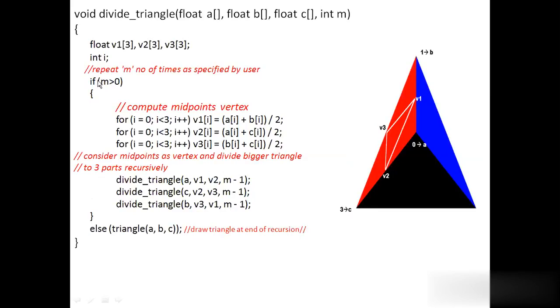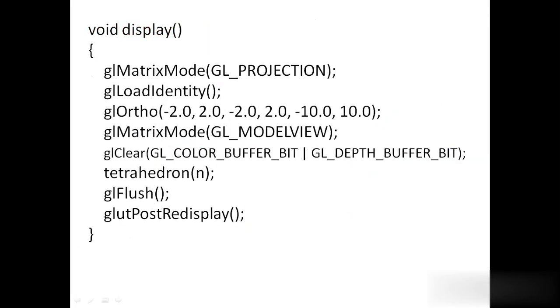So this will work when the m value becomes 0 or less than that. So we are able to draw the triangle like this.